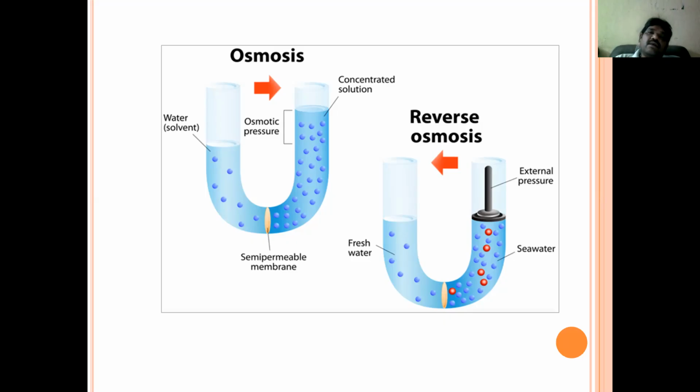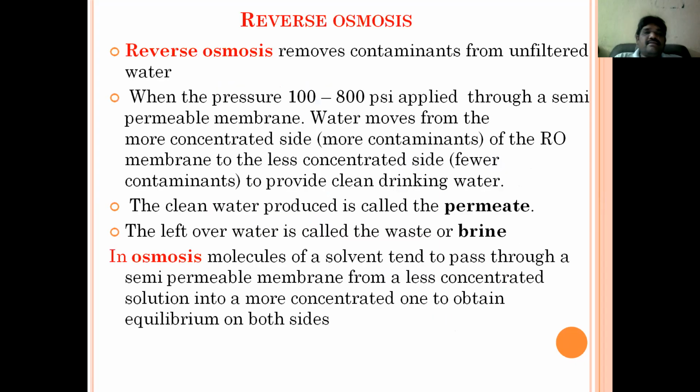Osmosis. Water is just moving to the concentrated side, from low concentration to high concentration. Whereas here, high concentrated seawater is moving towards the fresh water. Have a look here.